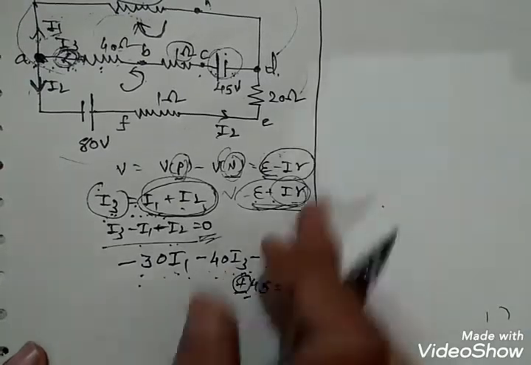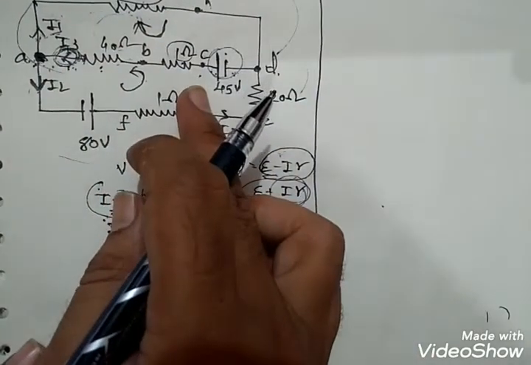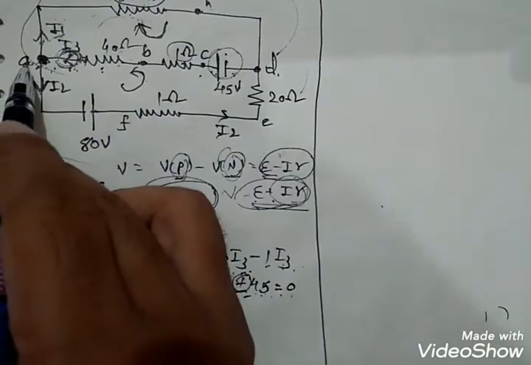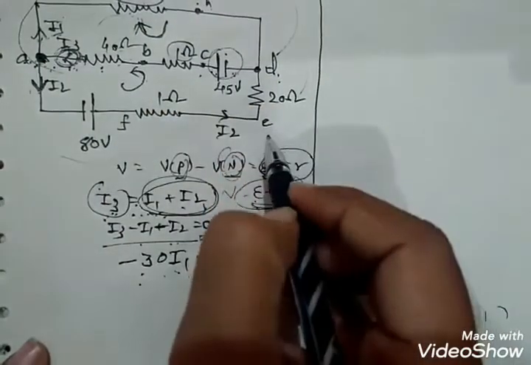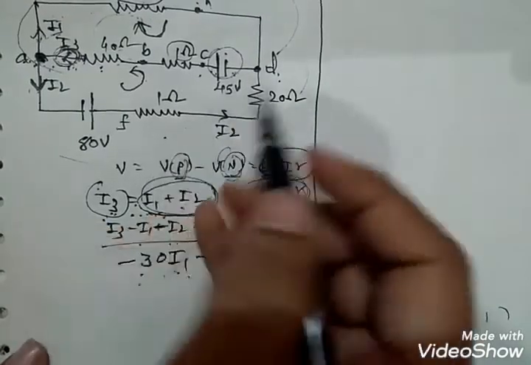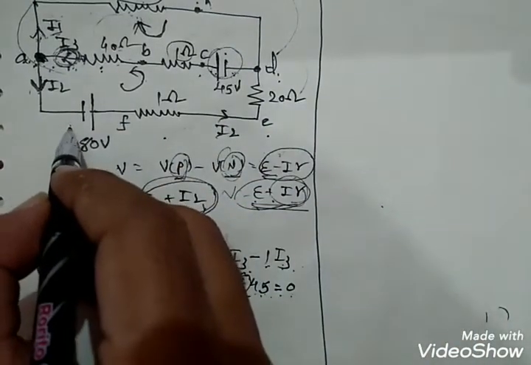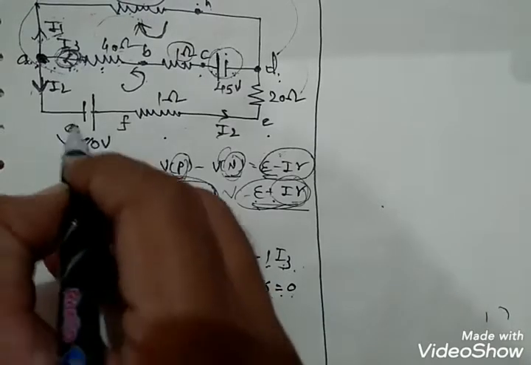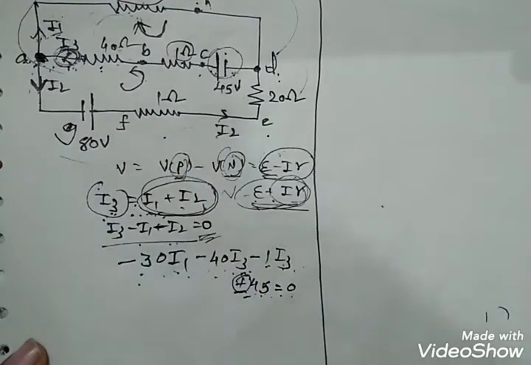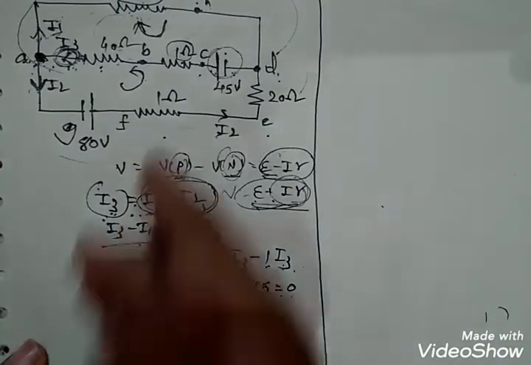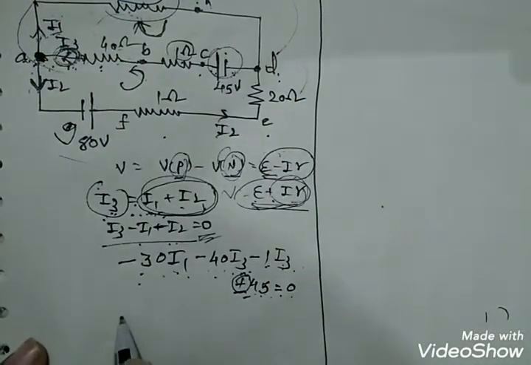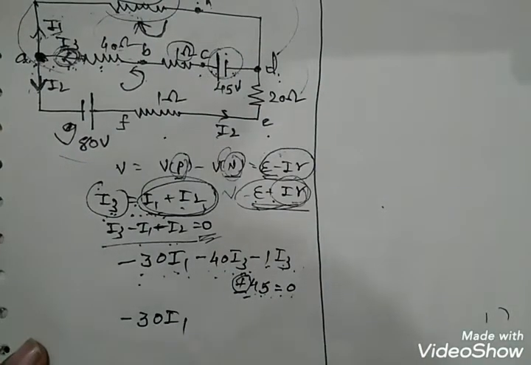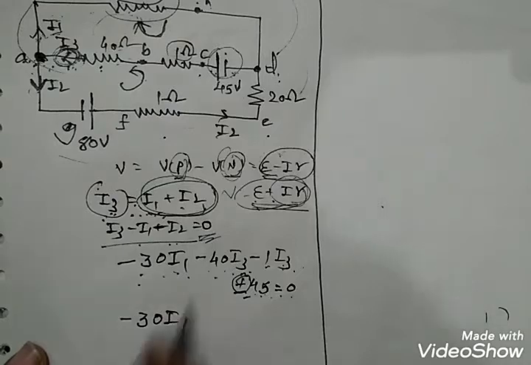Now the second closed loop is AHDEFGA. In this second loop, again starting from the same point, minus 30 I1.